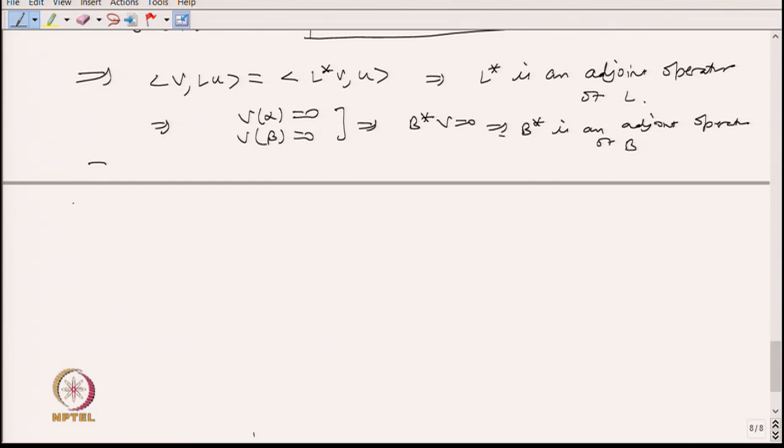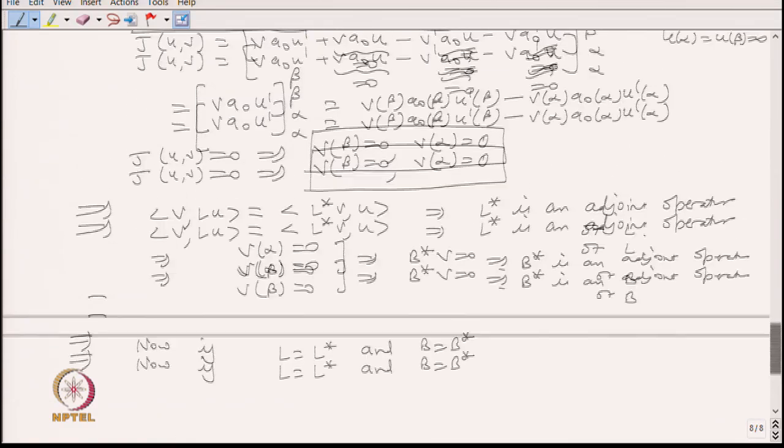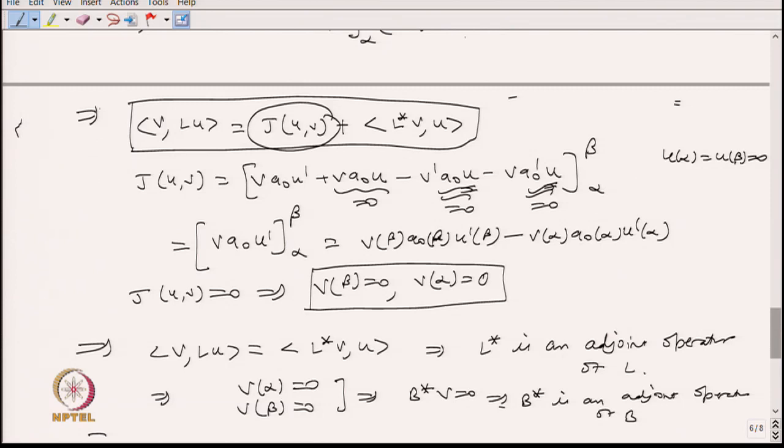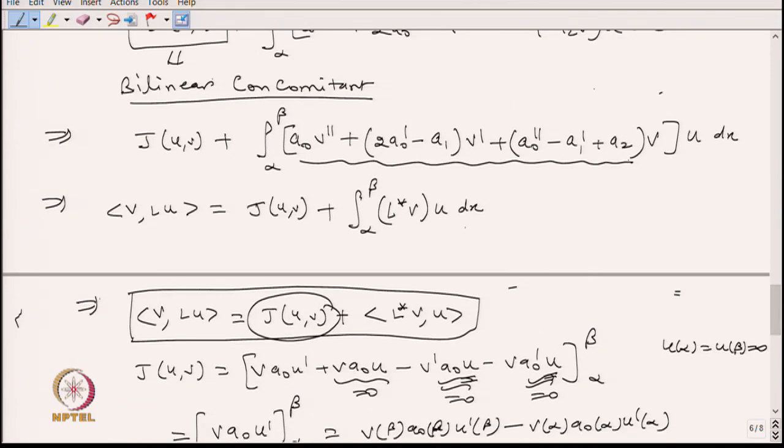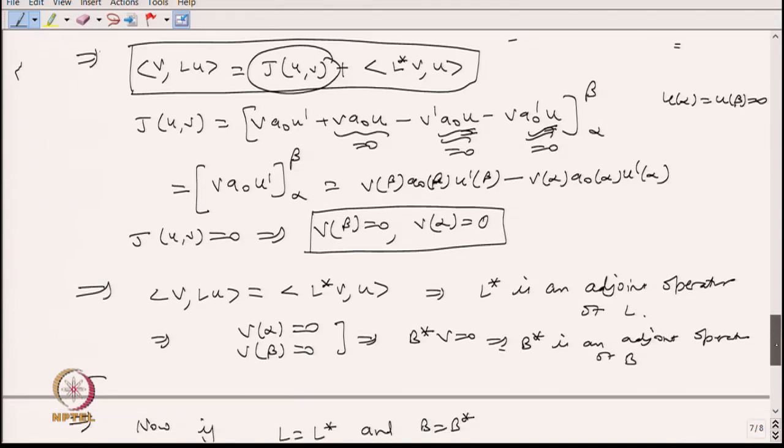So, now we come to the condition: what happens if I find that L is equal to L star and B is equal to B star? Because if you see here, L star in this case is this one, and L was our differential operator and B was the boundary operator, the zero boundary condition.